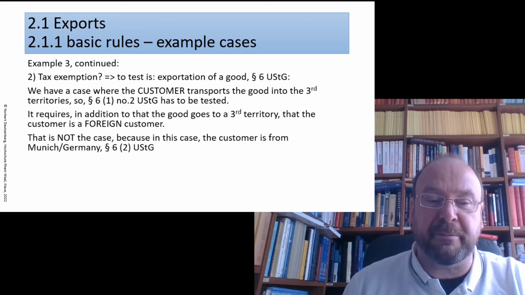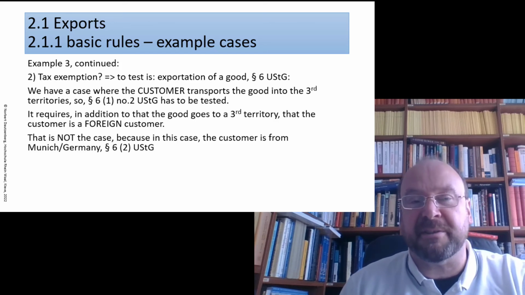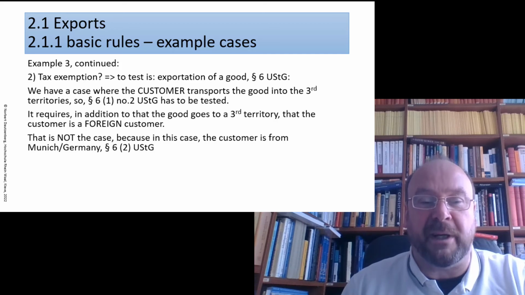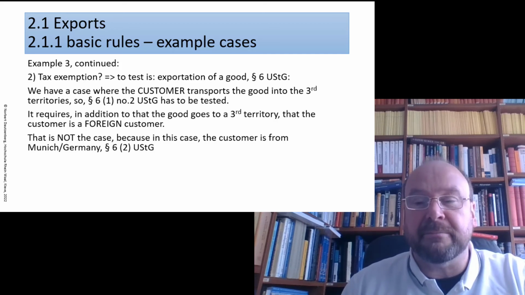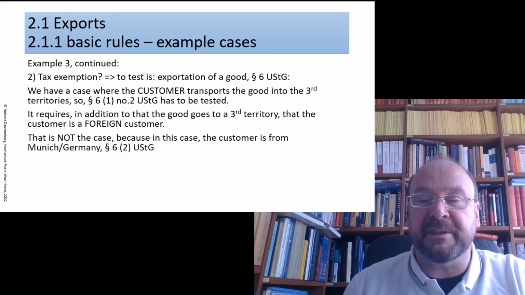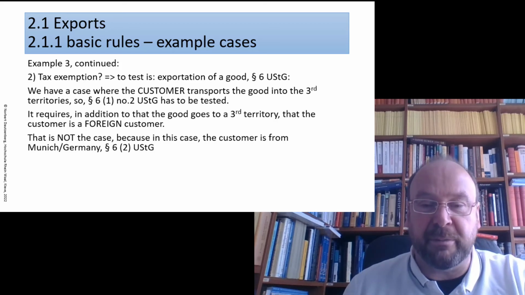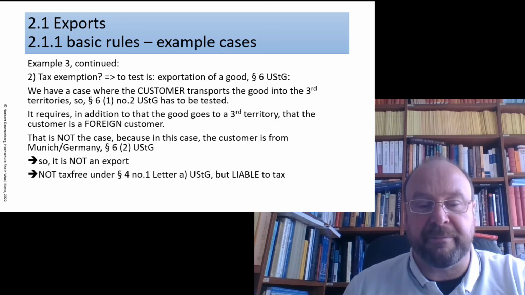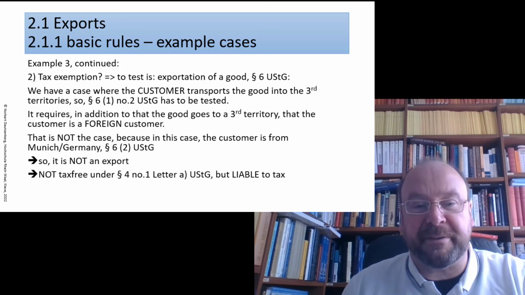Now a customer from Munich is a German customer, by the way, since 1871. So 6.2 is not fulfilled by a Munich customer, so it's not an export. So it's not tax-free.